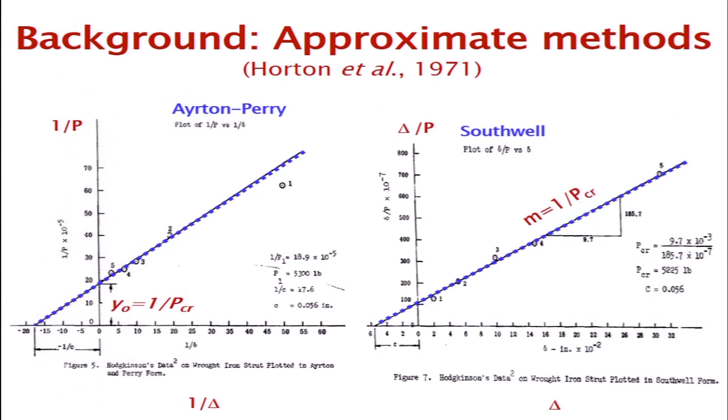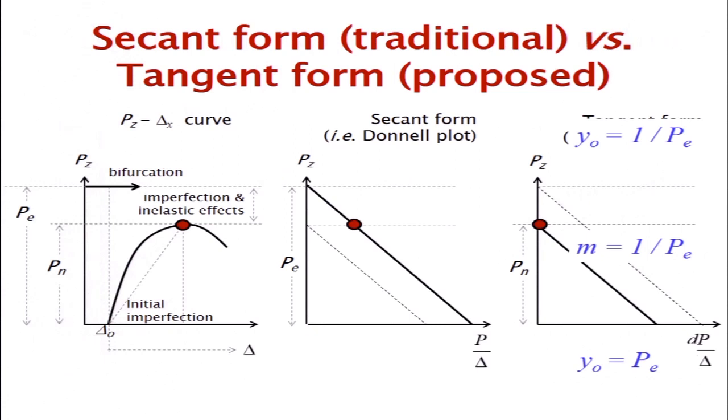But they work very well, as shown in these original plots from a study by Horton in the 1970s on small aluminum columns. You can really get a great fit to the data from following that. Okay, and so we looked at this, and we tried to apply it to our load cases, and they didn't work very well.